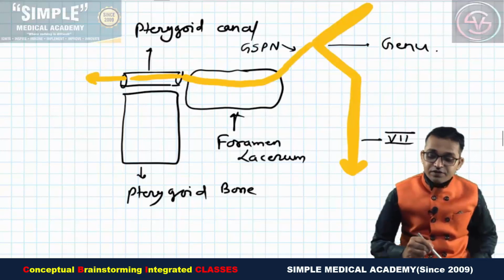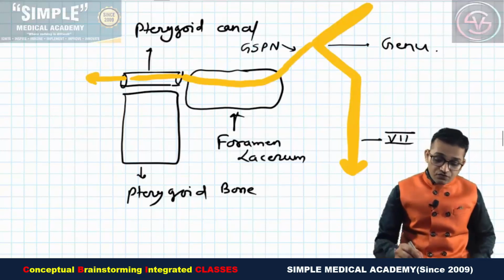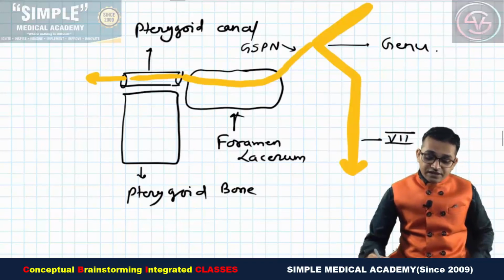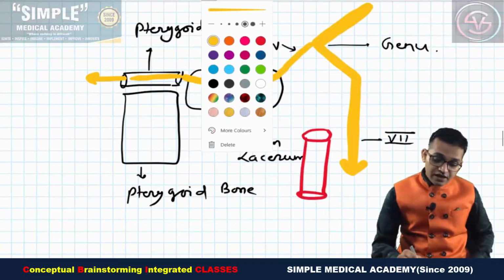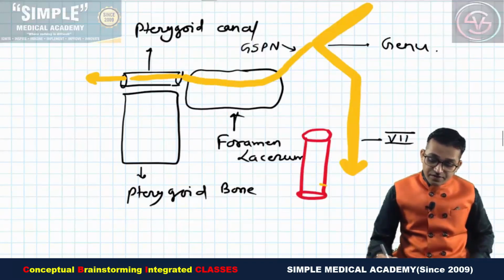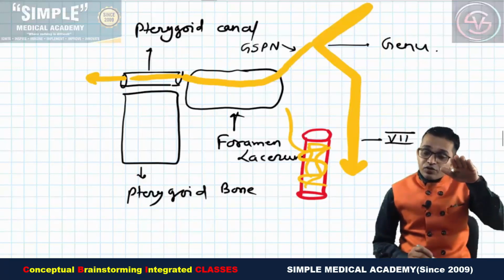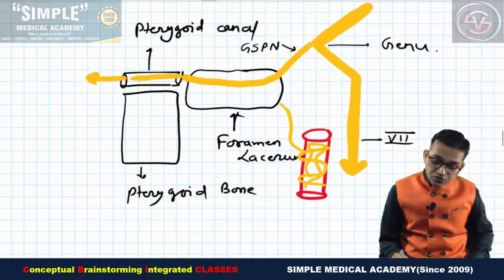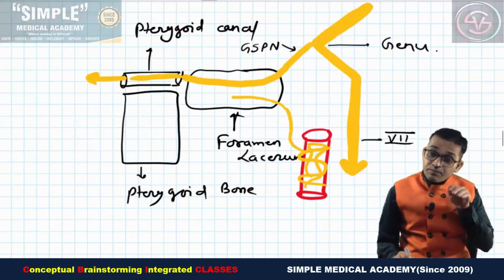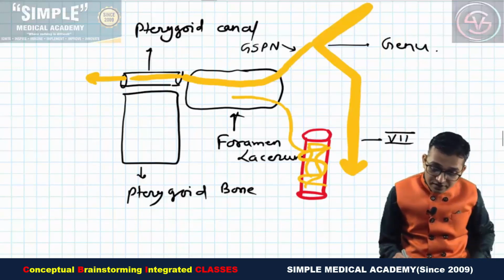This is the greater superficial petrosal nerve, which comes from the genu. Then there is the internal carotid artery, and the internal carotid artery has a bunch of nerves around it, which is known as the plexus. From here one nerve comes, which runs in the petrous part of the temporal bone on the deeper aspect. Again it passes from the posterior wall through the foramen lacerum, then passes anteriorly, and then joins the greater superficial petrosal nerve within the pterygoid canal.